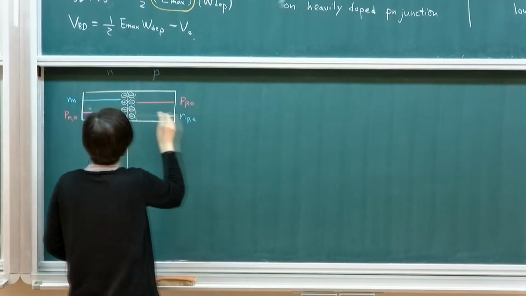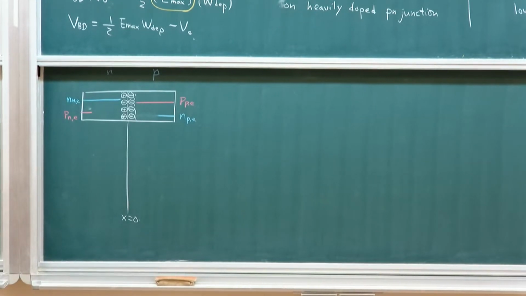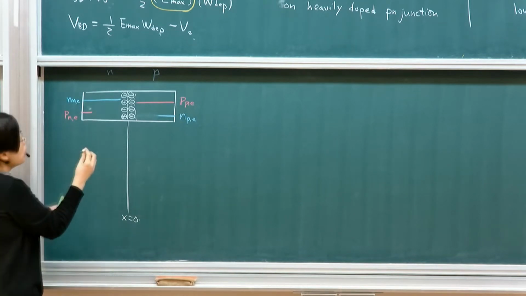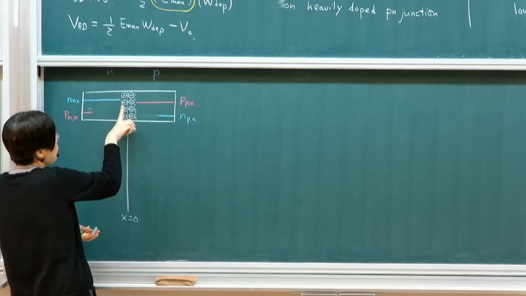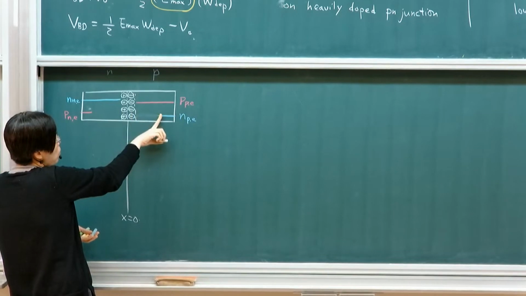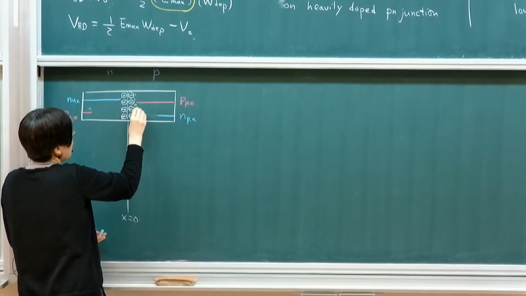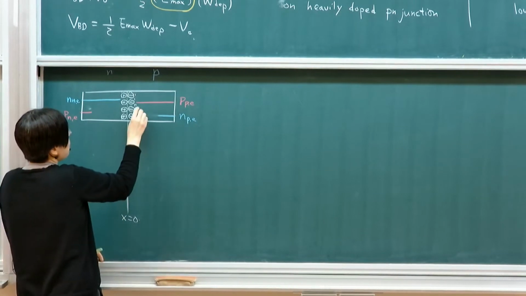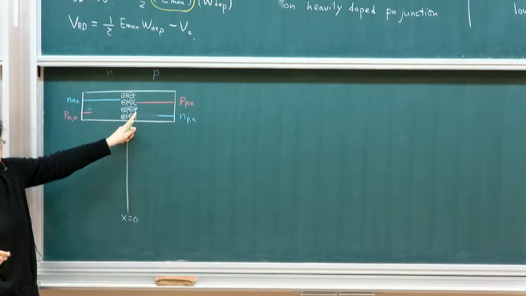But when you forward bias it, there's a little change because I'm reducing the potential. What we expect is that these electrons would diffuse into this region, and cause the electron density on the P side, the minority carrier density right at this junction, to rise a little bit.